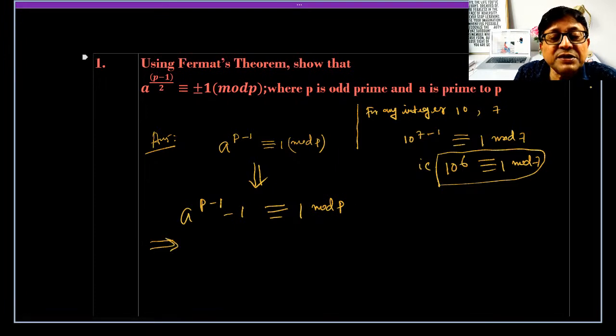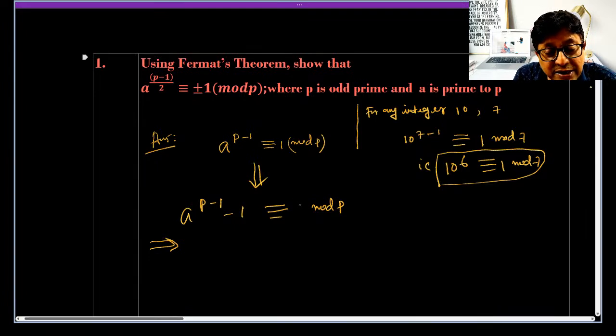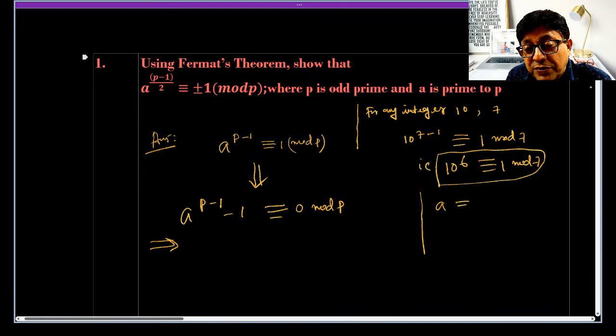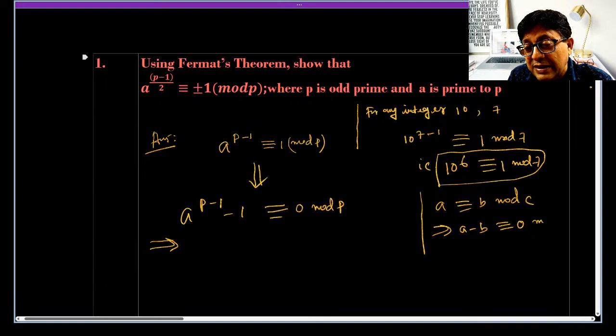This is because we have taken 1 to the left hand side, or added minus 1 on both sides. Remember this property: a congruent with b mod c implies that a minus b is completely divisible by c.